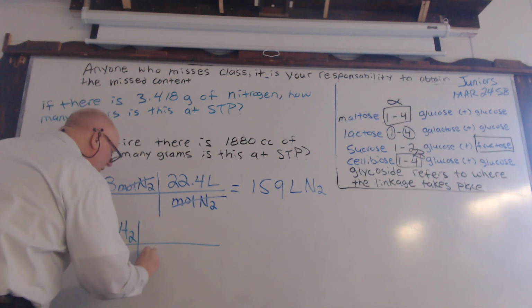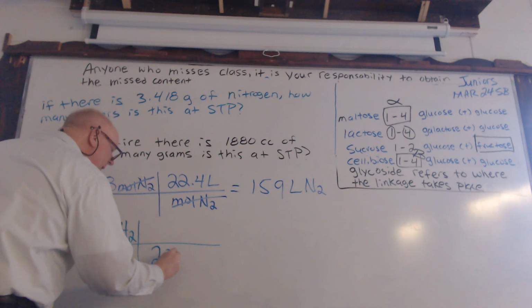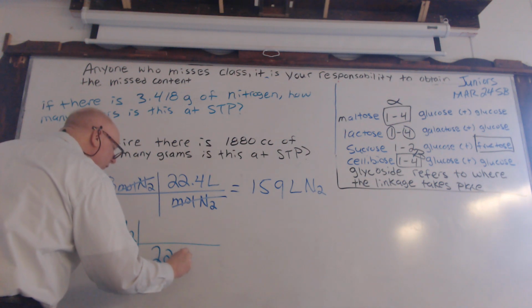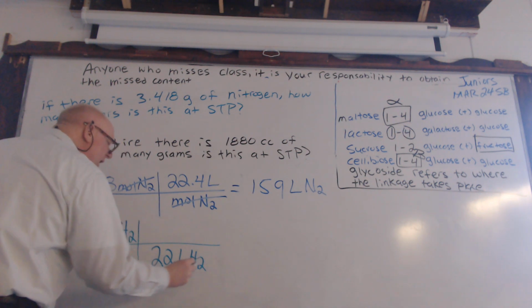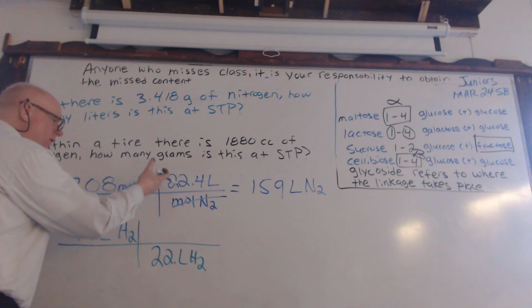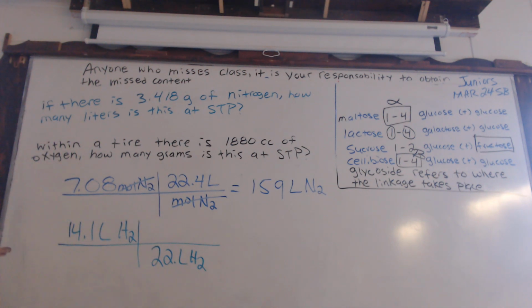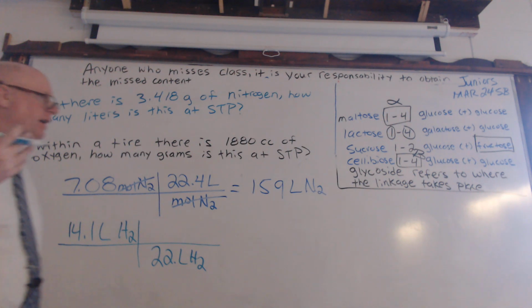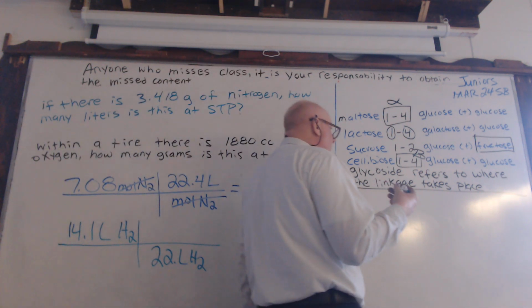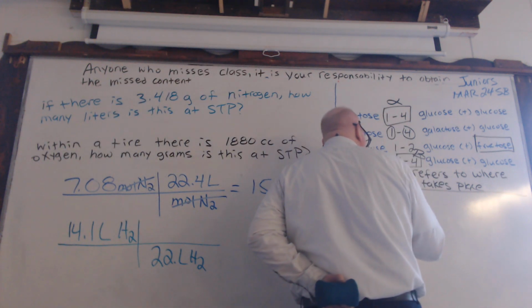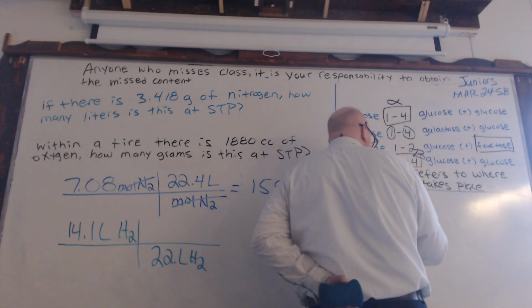Right. So 22.4 sometimes goes on the top. Sometimes 22.4 goes on the bottom. It just depends upon what number you're starting with. Just like a molar mass, if you had X amount of grams, you want to know how many moles there are.